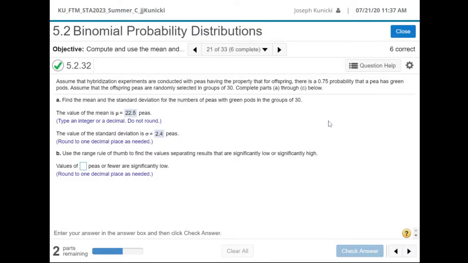Okay, so the value of the mean, the first one you did 0.75 times 30 times 0.25. No, just NP. Don't you have the formula sheet? Did you download it? No, I normally use the homework, where it shows you the formulas, and I have them written down, but I don't have a formula sheet. Do I get it on Blackboard? No, I'm going to bring it up for you. Let me see if I can find it real quick.